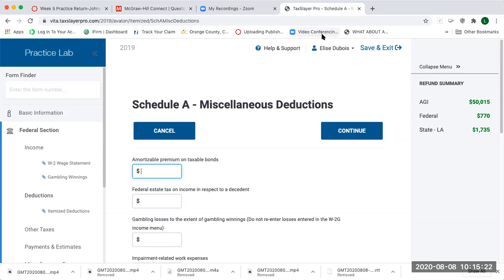Okay, so gambling losses, you may only deduct to the extent of the amount that you reported as winnings. Okay, so note right here, to the extent of the winnings. So this is reported under Schedule A, miscellaneous deduction. Just remember that.